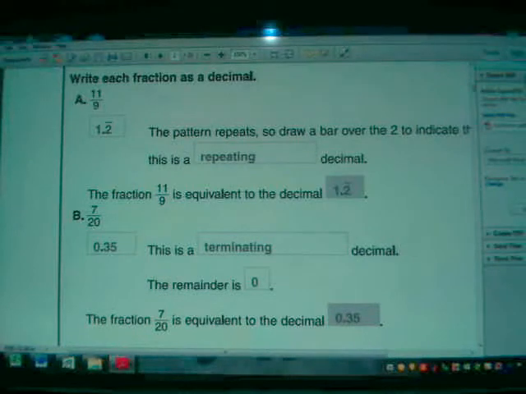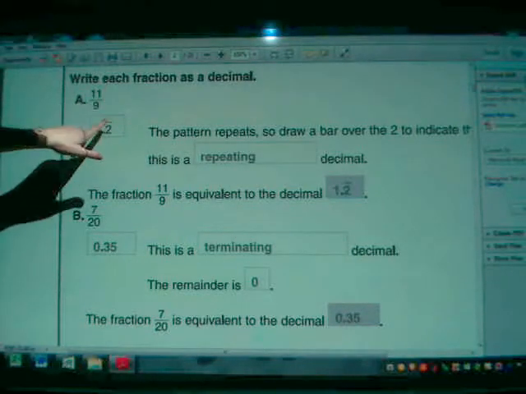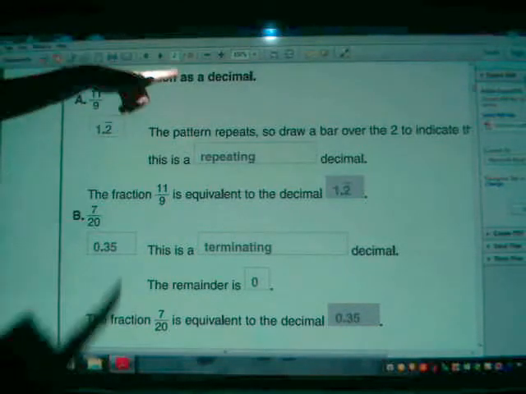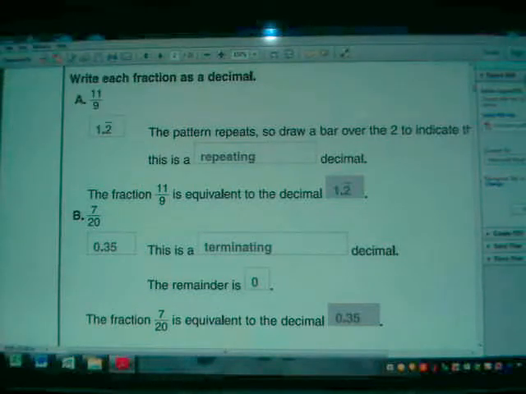So in the A example there, you're going to do 11 divided by 9 on the calculator, and what you're going to see on the screen is 1, a decimal point, and then a bunch of 2's. That implies that that 2 is repeating. And you indicate repeating by writing a bar over the number, and that's why we have 1.2 with a bar over it. Again, this bar indicates that this 2 on the screen, when you calculate it, goes on forever, or it shows up through the end of the screen limits.